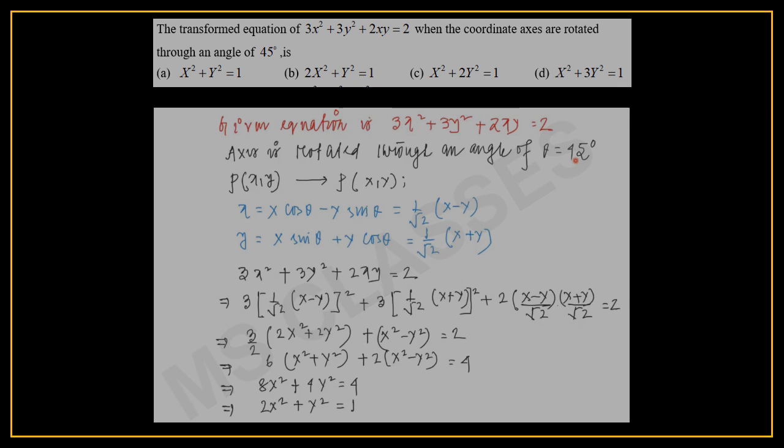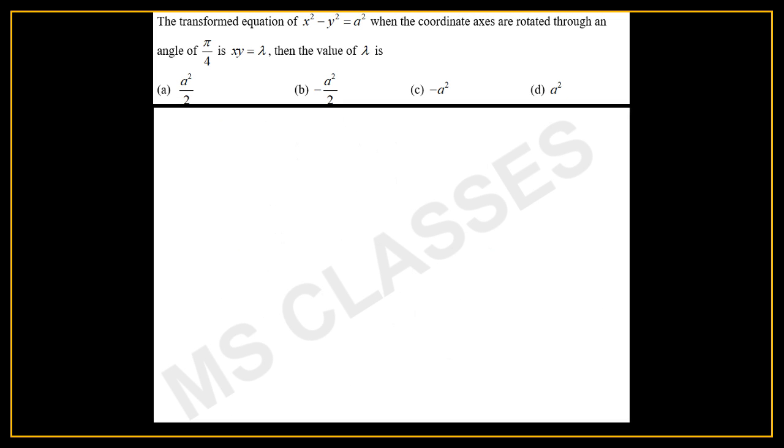45 degrees. So here it is given that the axis is rotated through an angle of pi by 4, and the given equation is a rectangular hyperbola, x square minus y square equal to a square, when the axes are rotated through an angle of theta equal to 45 or pi by 4.